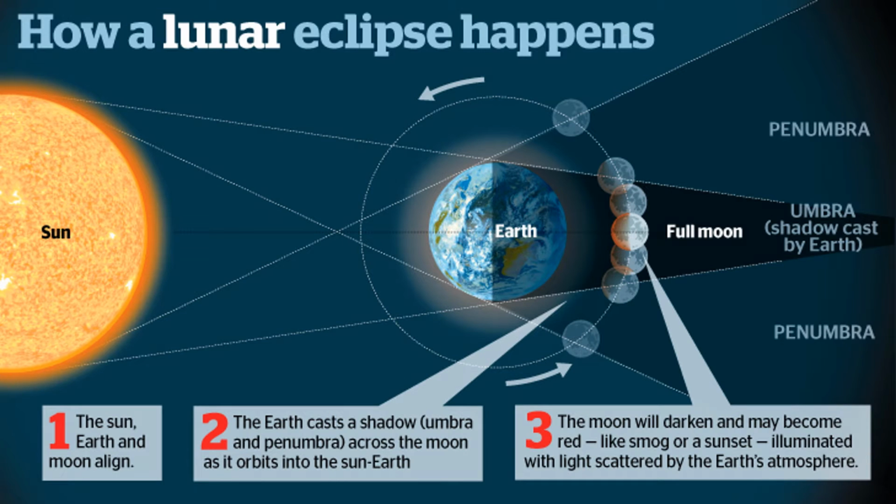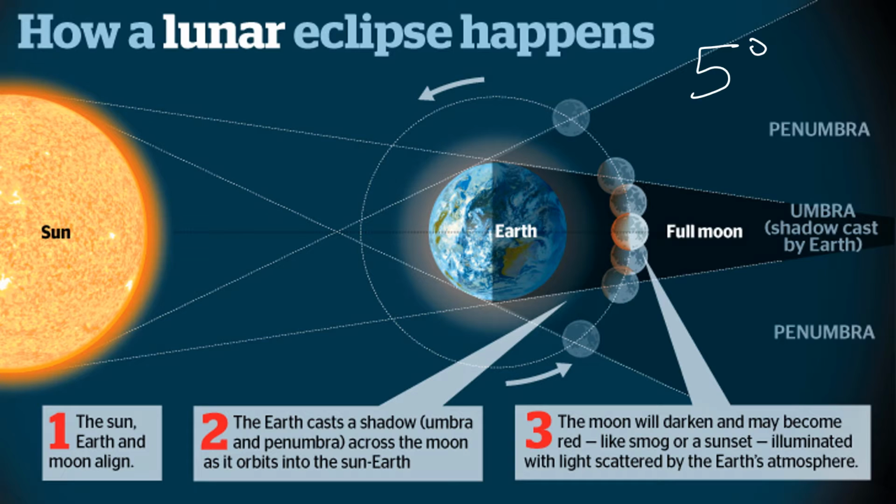So for a lunar eclipse to happen, the sun, Earth, and moon must align. Now, we already talked about how that's a bit difficult because the moon is on a 5-degree orbital tilt. And so it only happens during certain times of year and when things are lined up just perfectly. The Earth casts a shadow, umbra and penumbra.